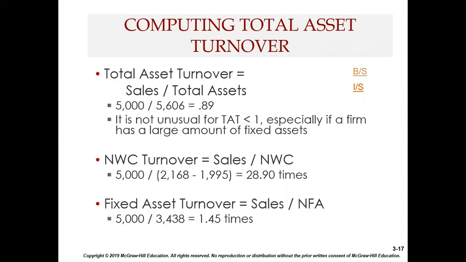This company is able to take the value of their fixed assets and produce sales 1.45 times of that value. They do that 28.9 times with their net working capital value. So it's just determining how well we're actually using these assets by how much we produce in sales.